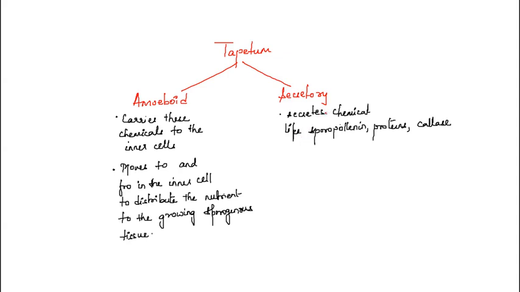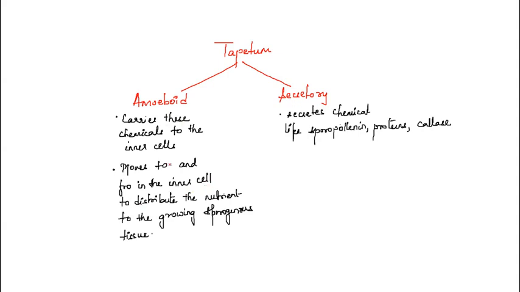What is the role of amoeboid tapetum? As I told, tapetum helps in the transfer of nutrients from the outer layers into the sporogenous mass which is inside the tapetum. So they need to move the nutrition to and fro in the inner cell.